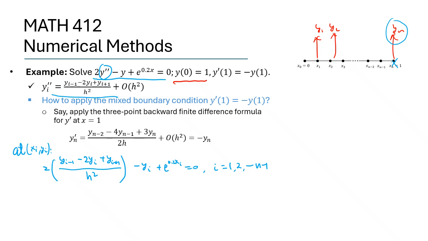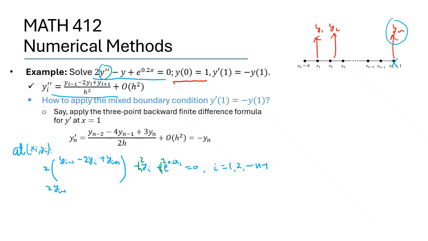And simplify it. We don't like h squared, so multiply each side by h squared. Combine like terms. Let's see. For y sub i minus 1, we have 2 y sub i minus 1.